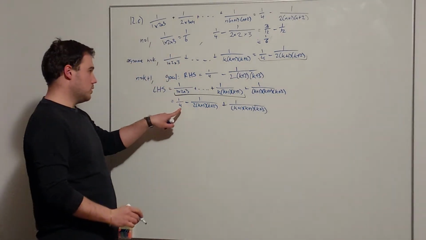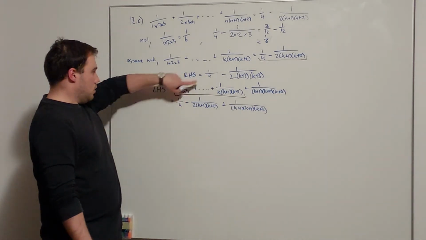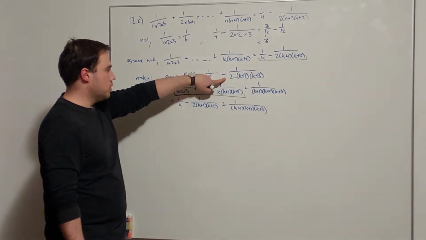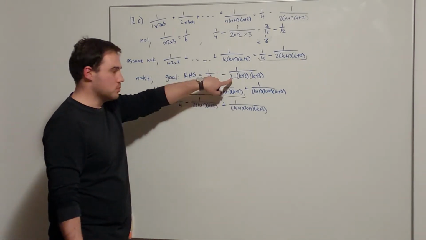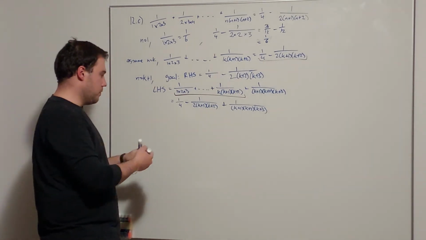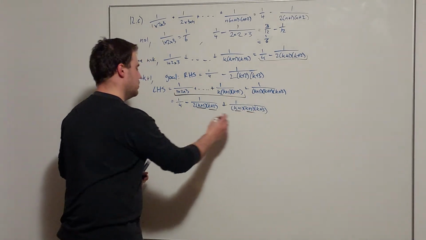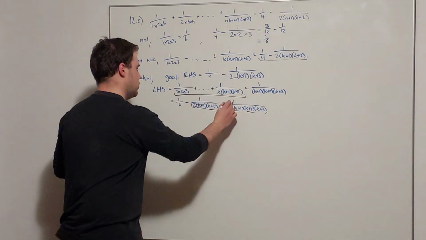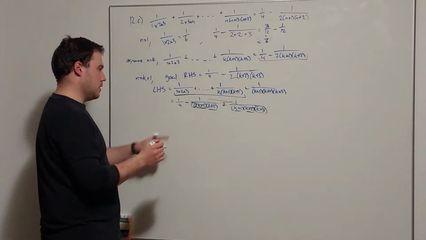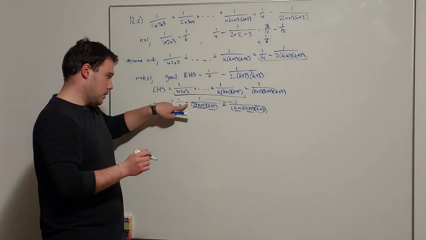So if we look where our goal is going, we've already got that quarter at the front, minus, and then hopefully these fractions will combine to give that one. We have a few common factors here. They both have a k plus 1 and a k plus 2, so we just need to times 2 up that side and k plus 3 up that side, but being careful that the negative is going to apply to everything on the numerator here.